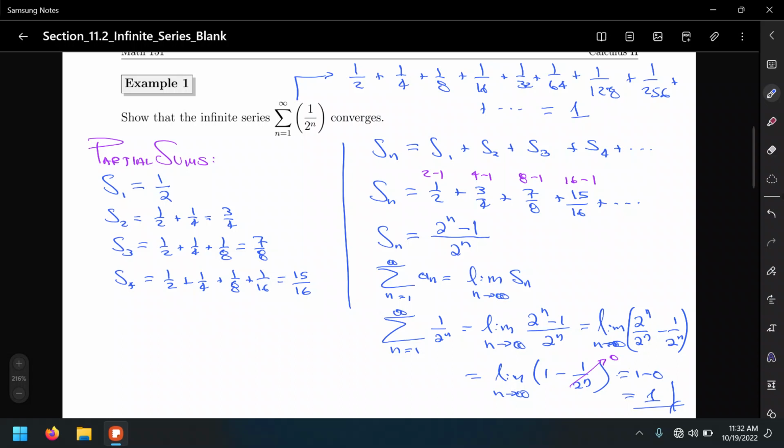Oh, this is the S sub 1, which is 1/2, S sub 2, which is 3/4, S sub 3, which is 7/8, and S sub 4, which is 15 over 16. It's the sequence of partial sums. That is the addition of the first term, the addition of the first two terms, the addition of the first three terms. And if we collect them together and figure out a pattern, that gives us the infinite sum.